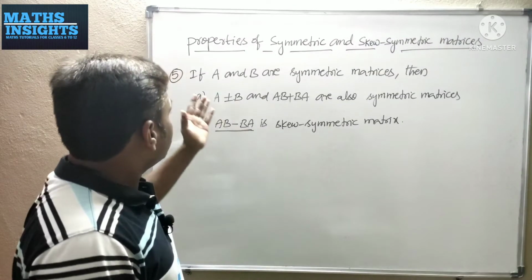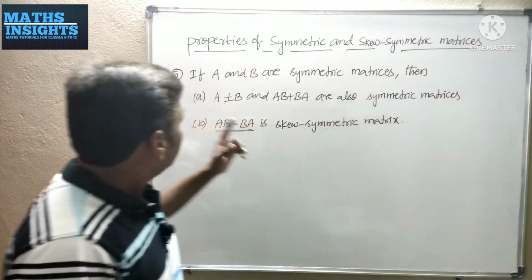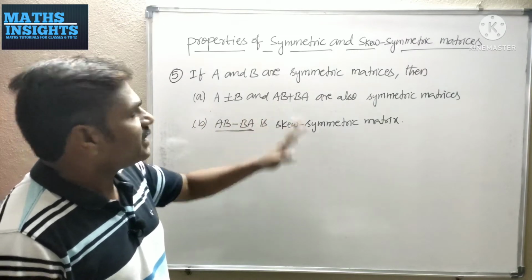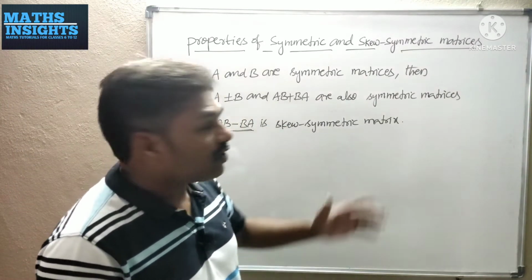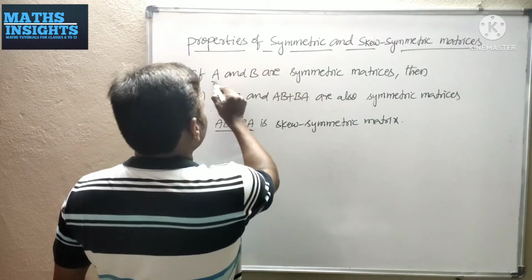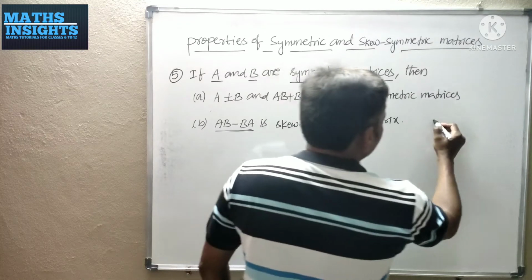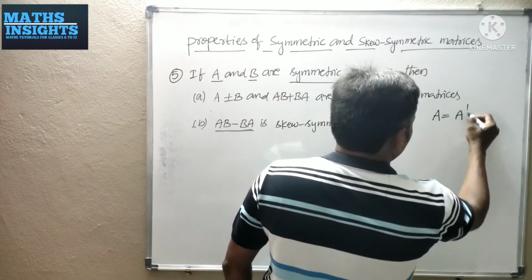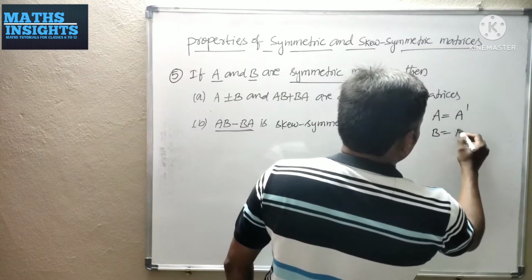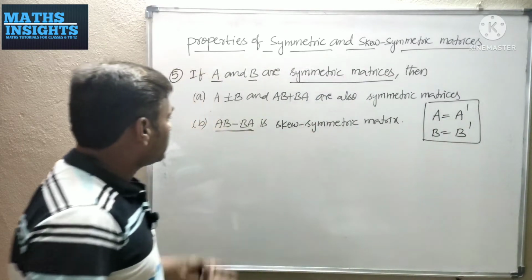The fifth property is, if A and B are symmetric matrices, then A plus or minus B and AB plus BA are also symmetric matrices. They have given the condition that A and B are symmetric matrices, meaning A is equal to A dash and B is equal to B dash. You may use this whenever you want in this case.